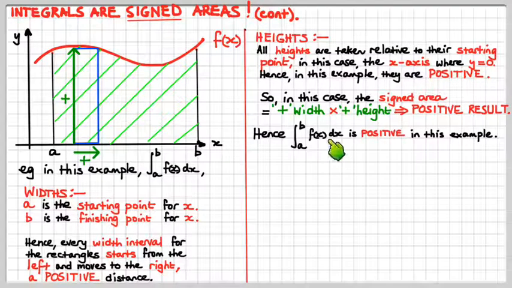Therefore, in this case, the integral of f of x with respect to x from A to B, where A is the starting point and B is the finishing point, is going to be positive.